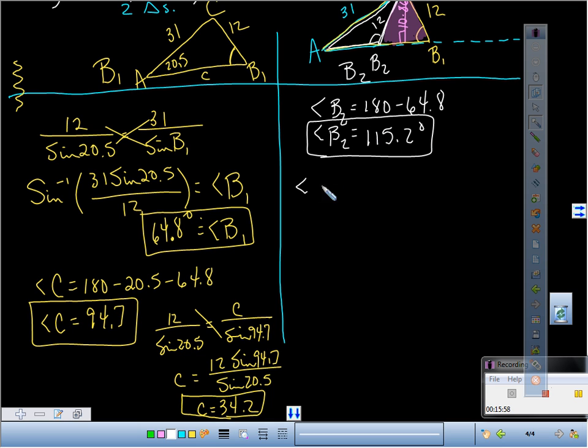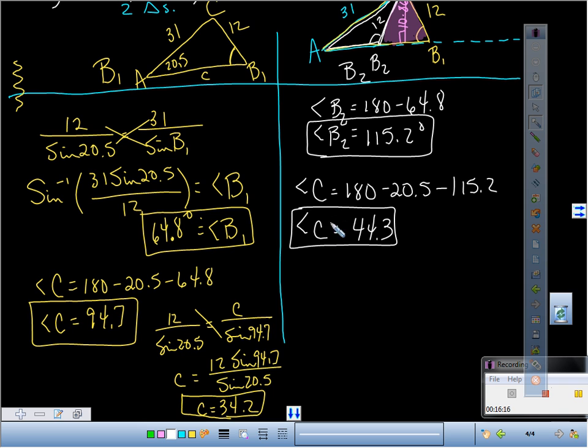I'm going to find angle C by going 180 minus 20.5 minus 115.2. So, once you get angle C, awesome.